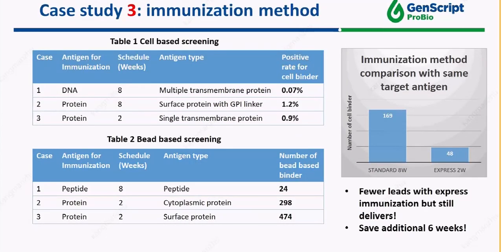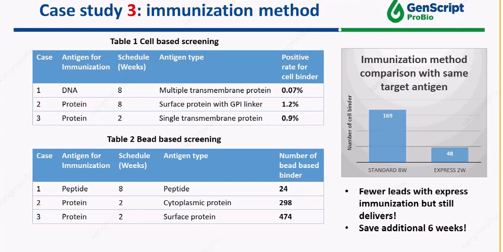With different types of immunization method or antigen type, the positive rate for cell binders ranges from 0.07% to 1.2%. With bead-based screening, the number is generally higher, from 24 to 474 binders, or positive leads. So this is not the positive rate, but the actual number of binders.